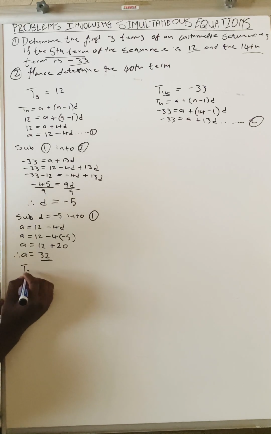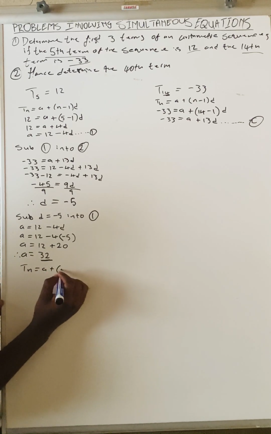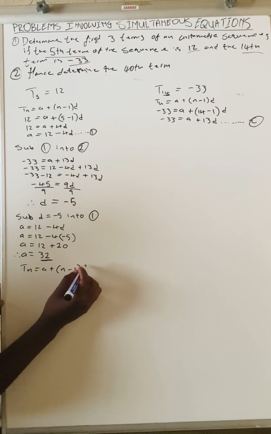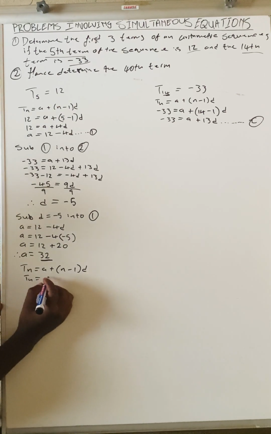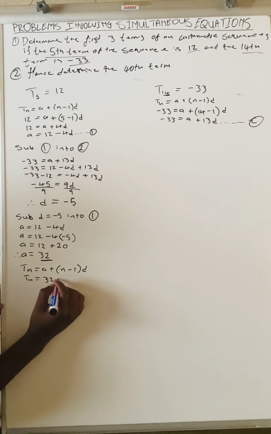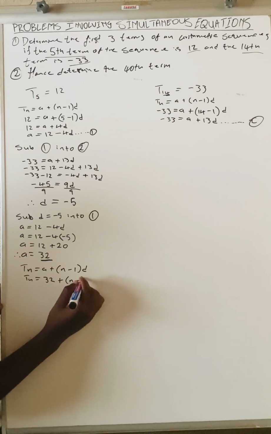Which is Tn is equal to a plus (n minus 1)d. Close the bracket there. Tn is equal to, you know your first term, which is 32 plus, in brackets, (n minus 1), close the bracket, times d.